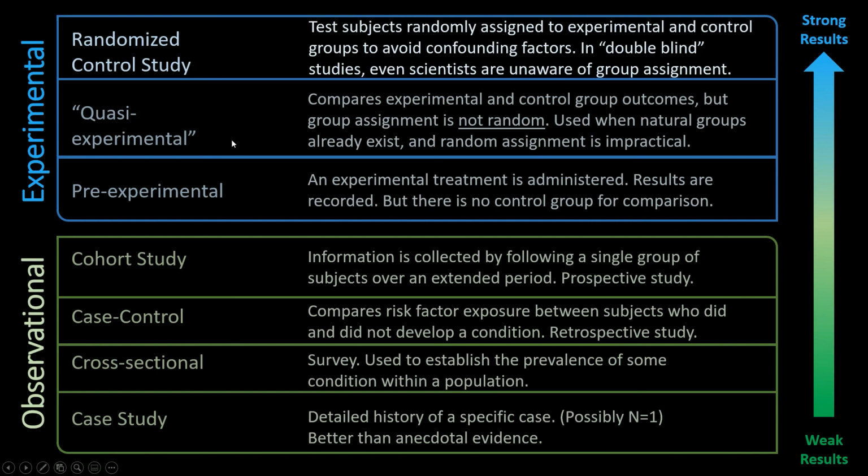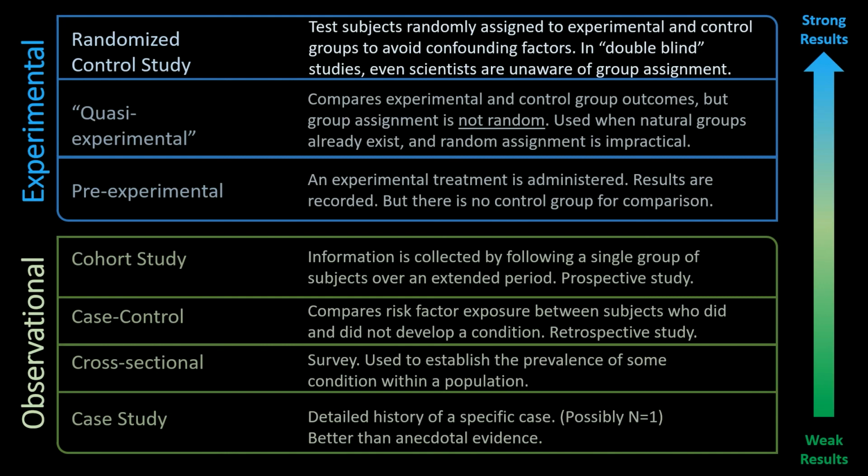And then we have the gold standard, the randomized controlled study, the randomized controlled test. Test subjects are randomly assigned into experimental and control groups to avoid confounding factors. The idea is if every single participant has an equal chance of being in either group, then any kind of factor that may be hiding behind the scenes that we don't know about is going to be evened out between the two groups.